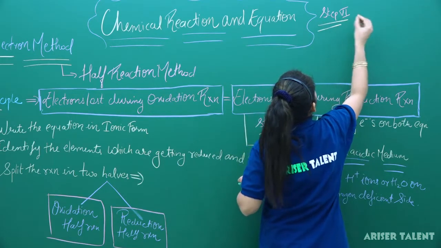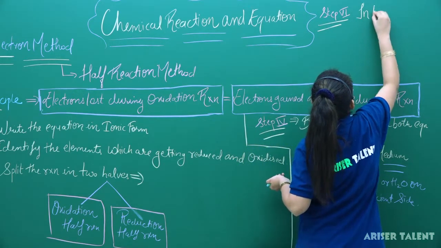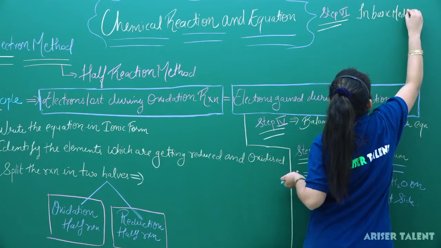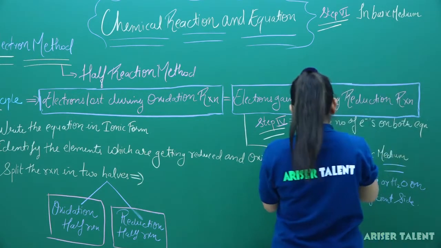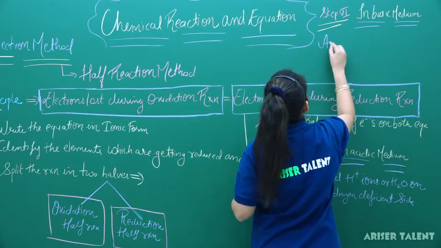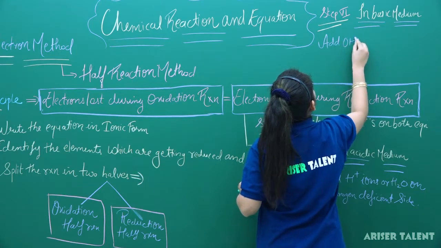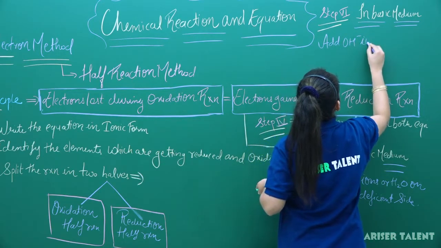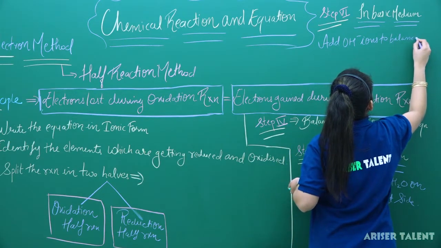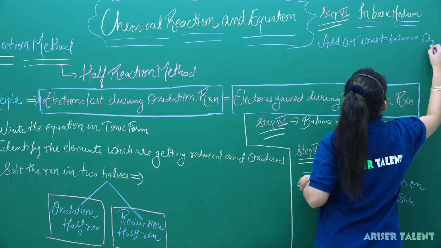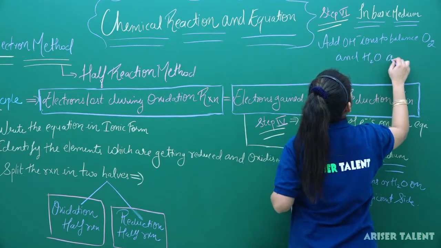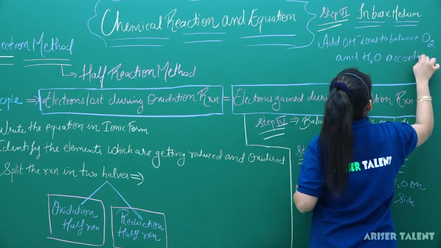In our step number 6, if the reaction is proceeding in basic medium, we will add OH minus ions to balance oxygen and H2O accordingly.